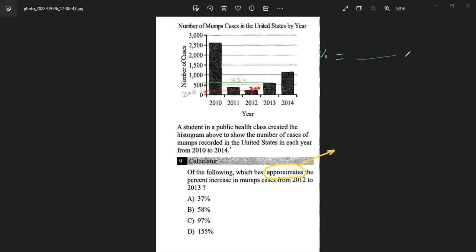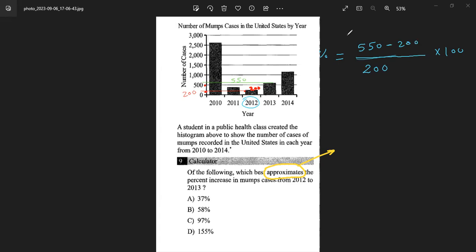What does it say? The original value here is for 2012, so the original value is 200, and the change over original, times 100. The change comes from 550 minus 200.